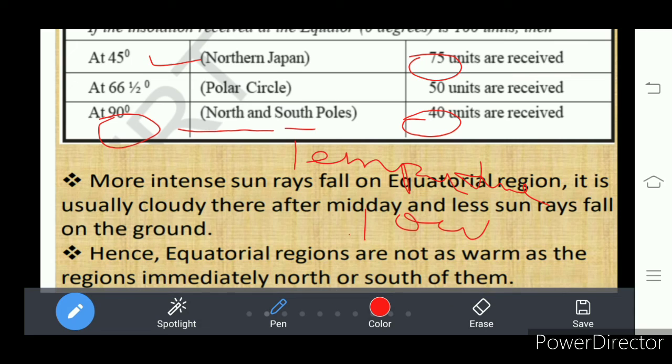And 45 degrees is a lower latitude compared with 90 degrees, so there the insolation received is 75 units, so the temperature recorded at that place is high.